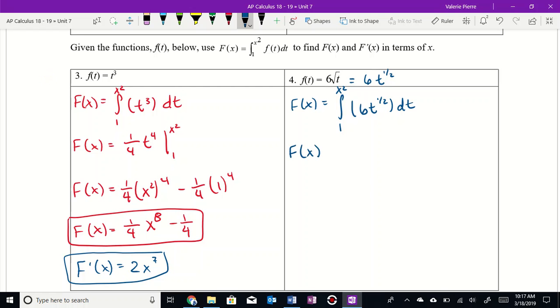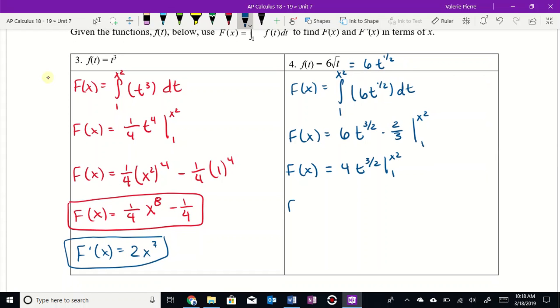The antiderivative of 6t to the 1/2 is equal to 6t to the 3/2 times 2/3 from 1 to x squared. So capital F of x is equal to 4t to the 3 halves from 1 to x squared.